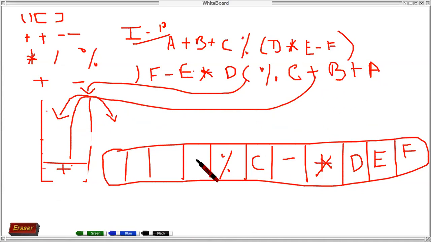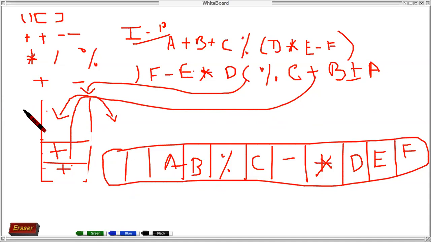Now next you have B. After B you have again a plus symbol. This plus symbol has equal priority, so again you will have the plus symbol in the stack. And then you come up with A. Now my expression part is done, but I have two operators inside the stack.